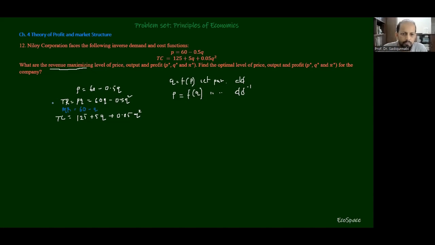Because we take the first derivative of this, MR equals del TR del Q. And MC equals del TC del Q, which is MC equals 5 plus 0.1Q.